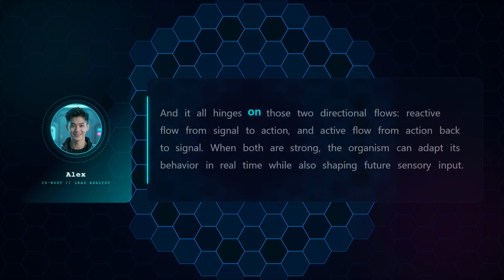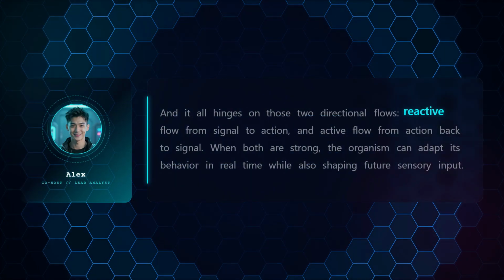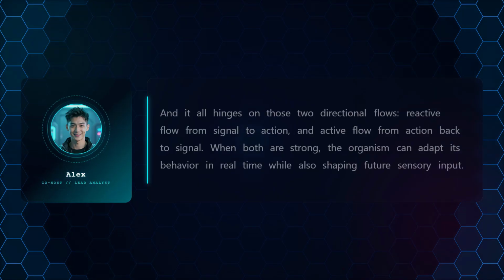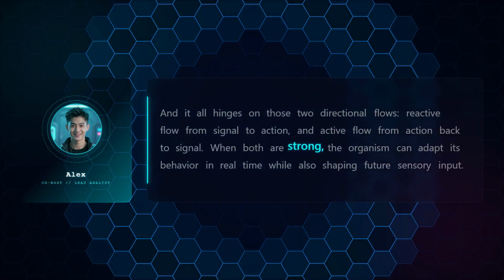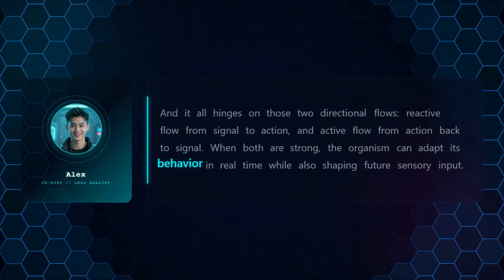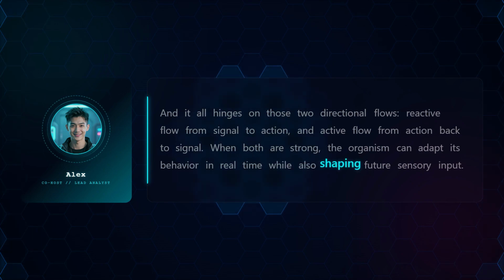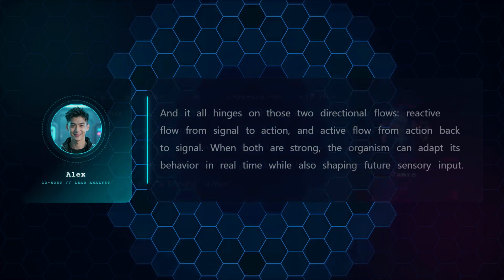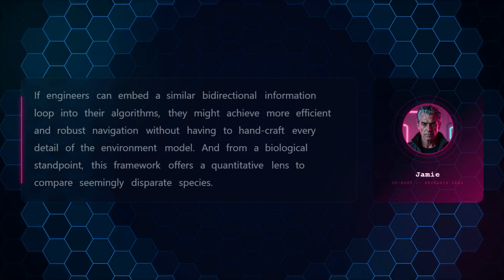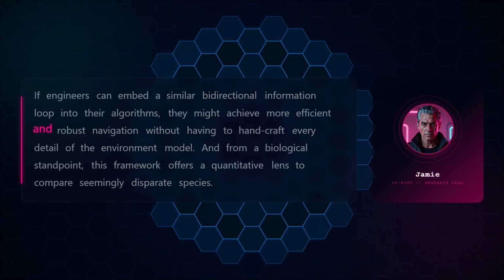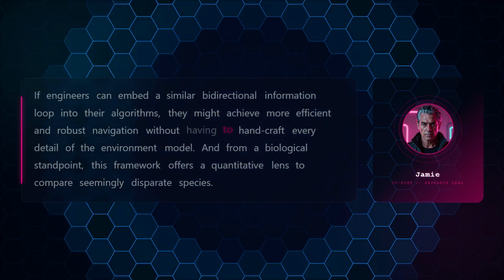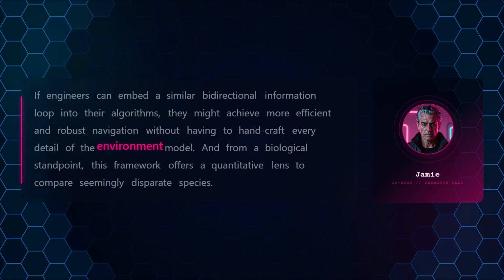And it all hinges on those two directional flows: reactive flow from signal to action, and active flow from action back to signal. When both are strong, the organism can adapt its behavior in real time while also shaping future sensory input. If engineers can embed a similar bidirectional information loop into their algorithms, they might achieve more efficient and robust navigation without having to handcraft every detail of the environment model.